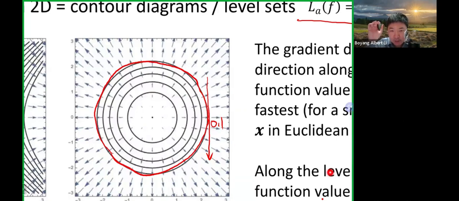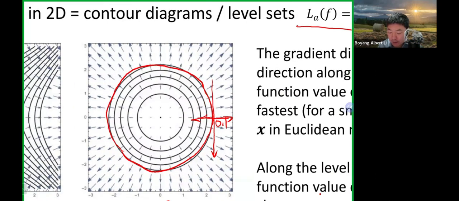So alternatively, the intuition would say if you wanted to increase your function value or decrease your function value, then how should you move? You should move in a perpendicular direction. So either this way or that way, either to your left or to your right. But that should be the direction along which the function value changes the fastest.